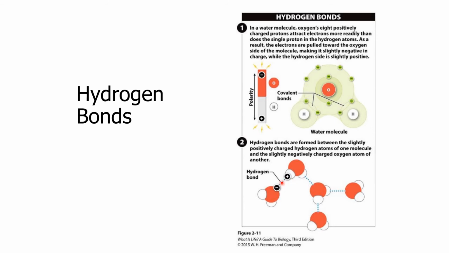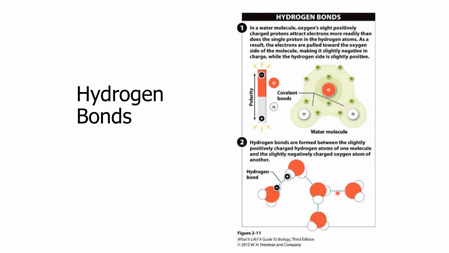So you are going to have a bunch of hydrogen bonds between water molecules. Each water molecule is going to be attracted to other water molecules because one side of this water molecule is negatively charged, and one side of the other water molecule is slightly positively charged.